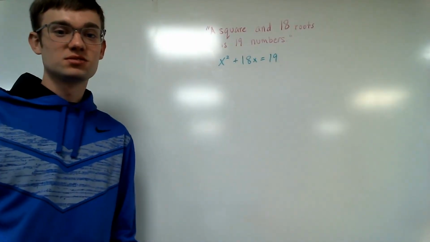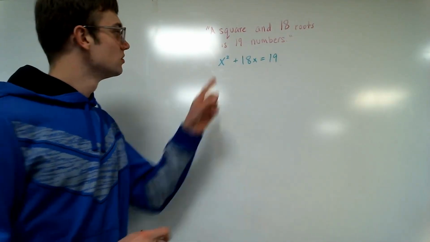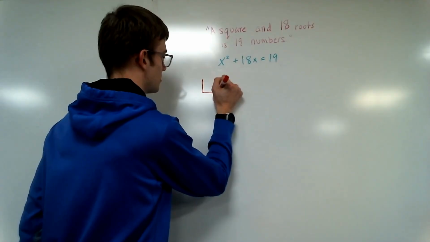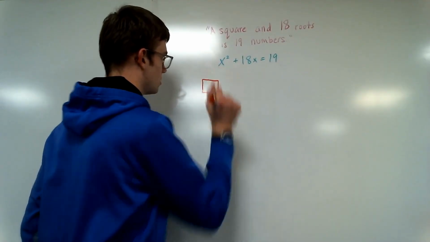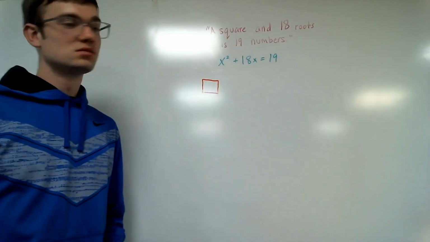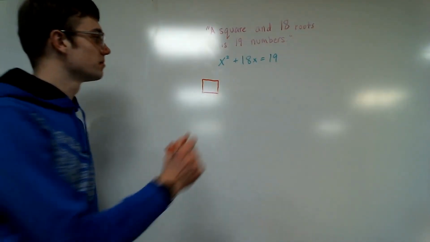Al-Khwarizmi was able to prove this result a little bit differently. He started off with the x squared term, he just drew a square. And we have 18 roots. So for 18 roots, he divided it this way.